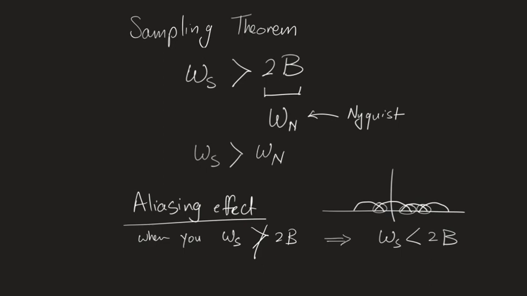There will be ambiguity. You won't know what was the shape of the original. You'll have multiple ways to represent the original continuous signal. If your continuous signal was aperiodic, then yes, you can work at exactly 2b.